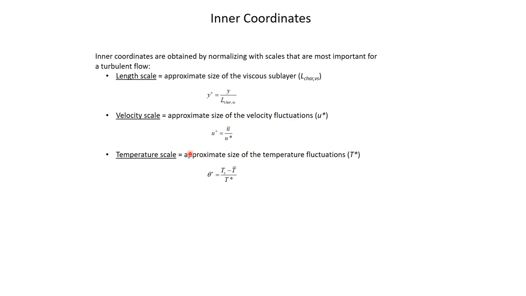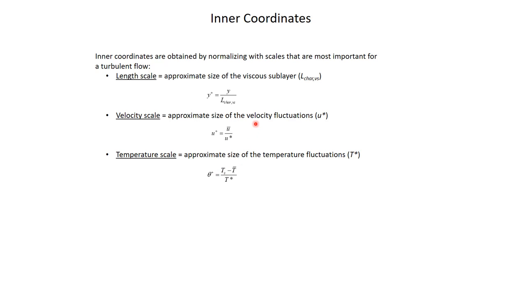So our non-dimensional temperature, theta plus, is going to be the difference between the surface temperature and the average temperature. So that's the temperature difference relative to the surface. And we'll normalize that by T star, where T star is the approximate size of the temperature fluctuations that you see in the flow.